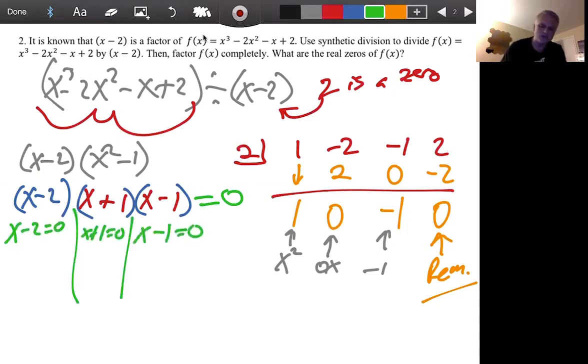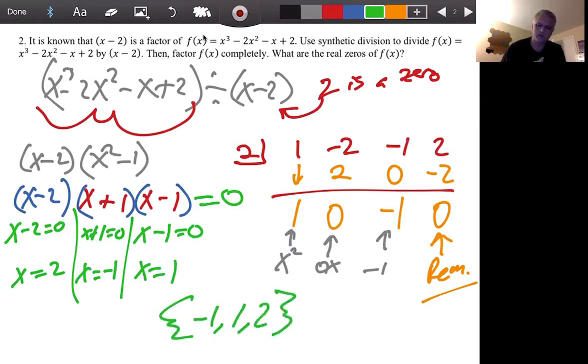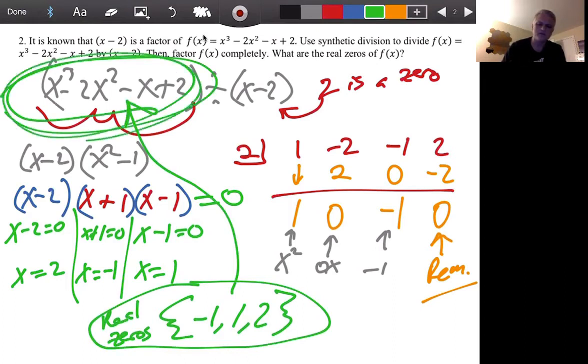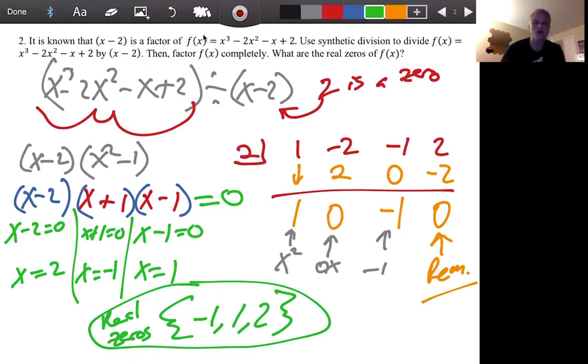So my real zeros are 2, -1, and 1. So -1 and 1 and 2. Those are my real zeros. So if I put this in my graphing calculator, that polynomial graph would cross the x-axis in these 3 points. Or it would cross at -1, 1, and 2.